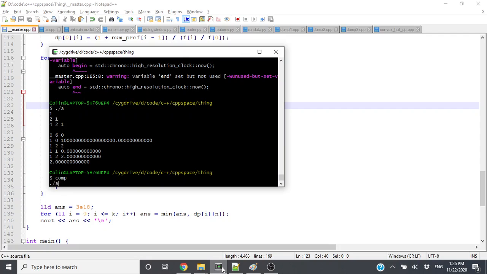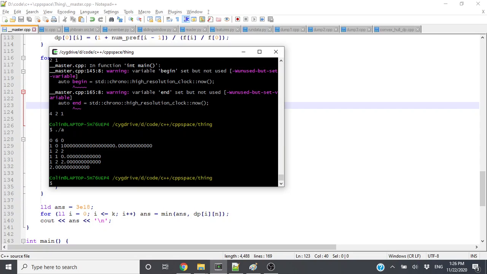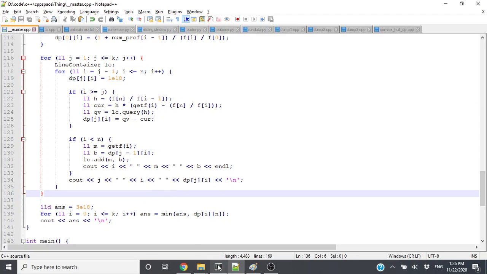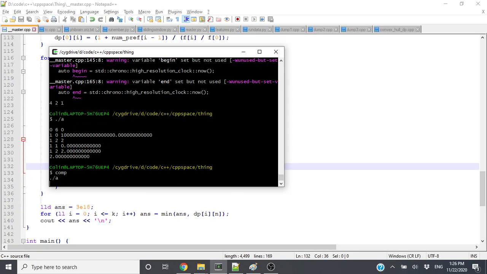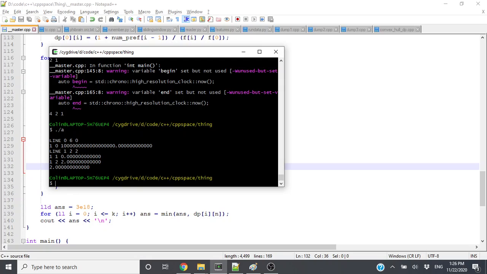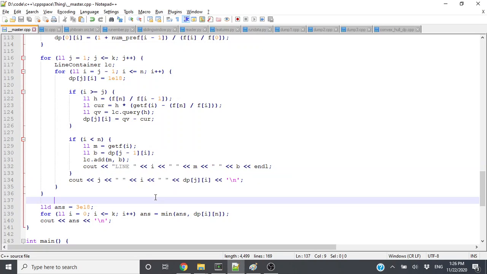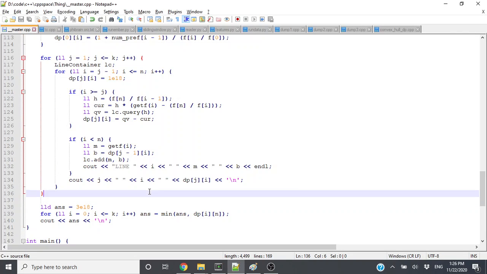Now that would make that necessary here. Why does it not change? Why is it not changing? What the hell? Don't understand one bit. So m is 6, b is 0.